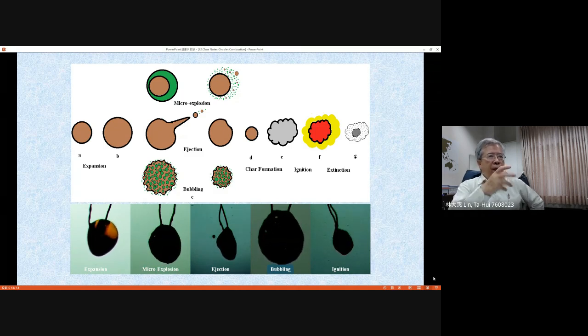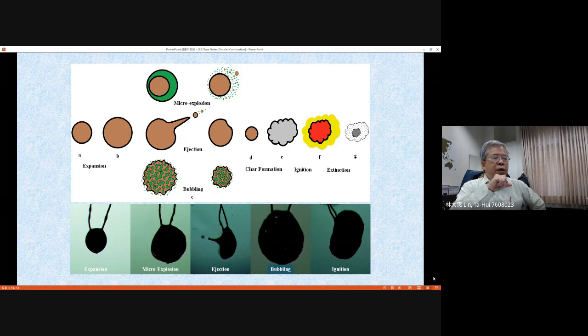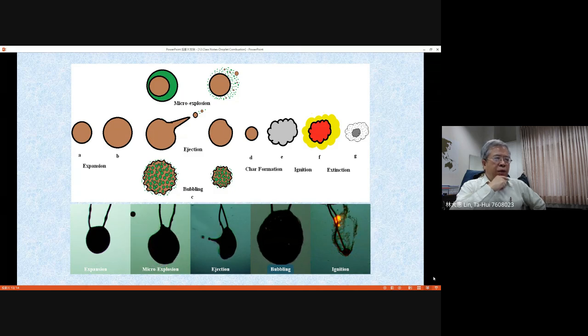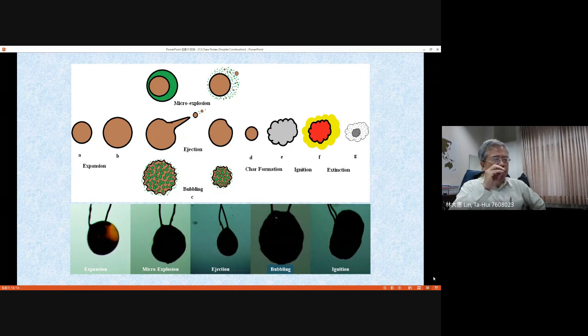Okay, now I want to give you some detailed observation on the development of micro explosion for specific droplets. Basically, this is water mixed with oil, and in this case the oil is a less refined liquid fuel. That means it has a higher boiling point and may also have a certain amount of impurity.